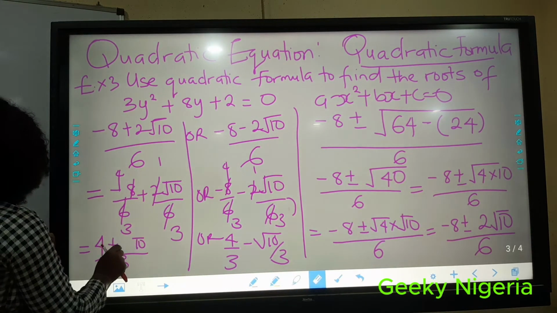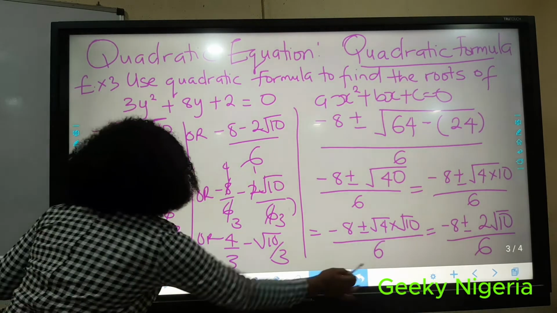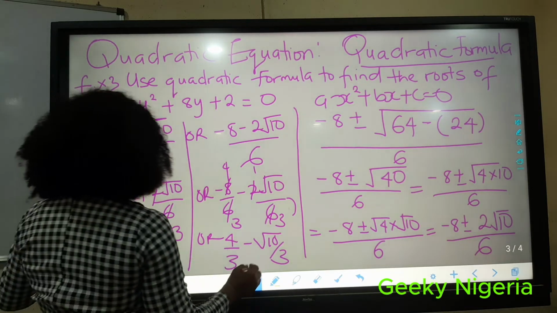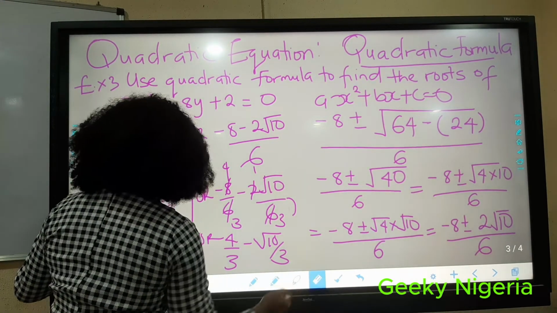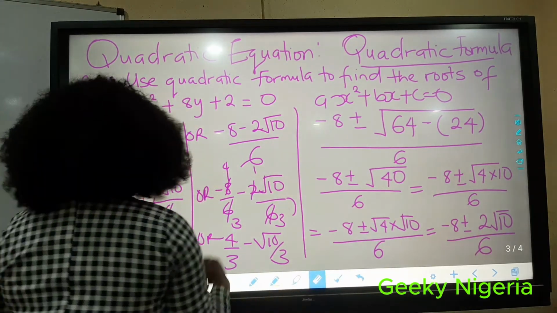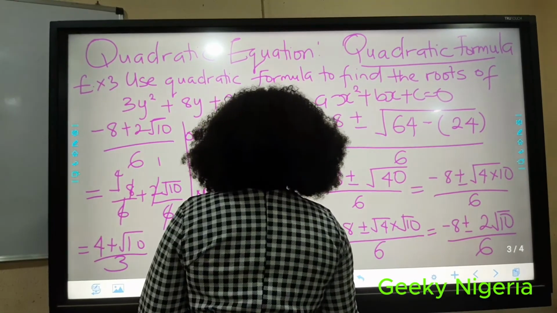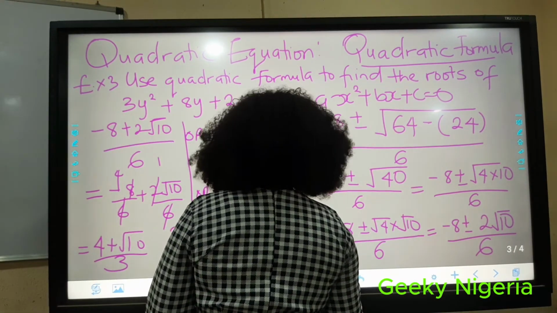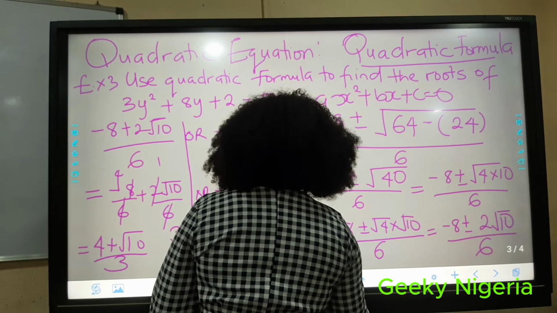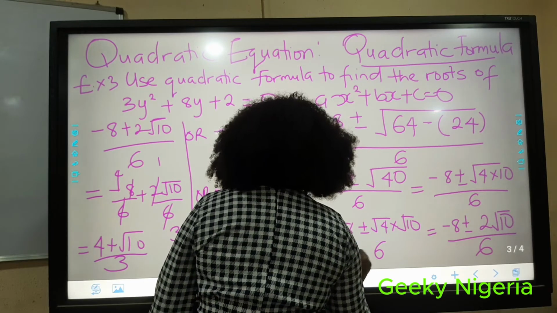The 2 have cancelled out, so it's 4 plus root 10. So if you just want to make it more simple, this can also be equal to 4 minus 10 all over 3.